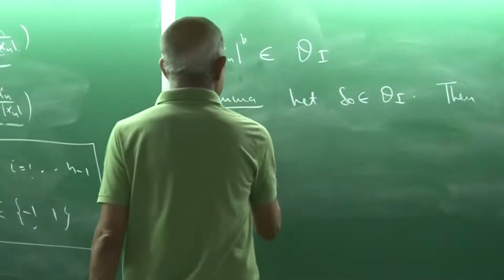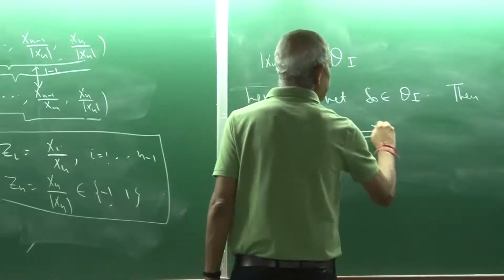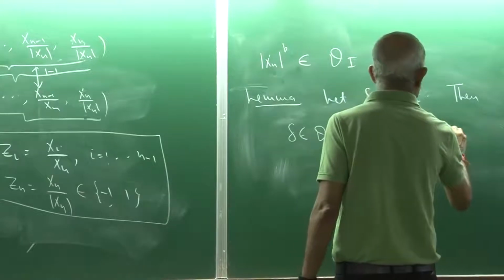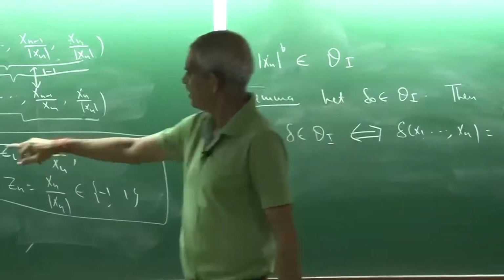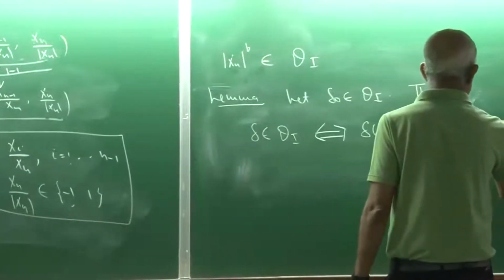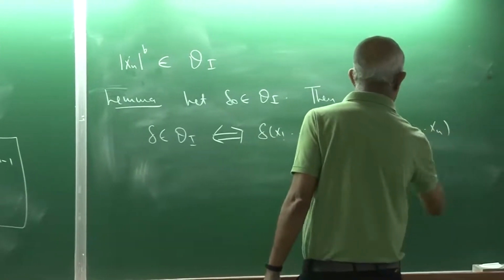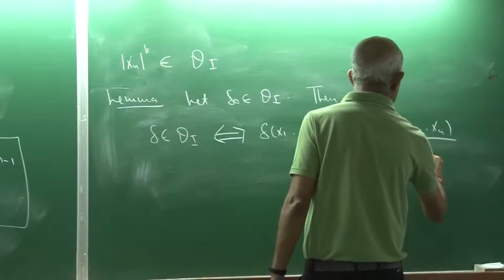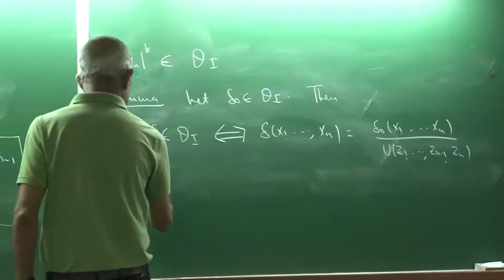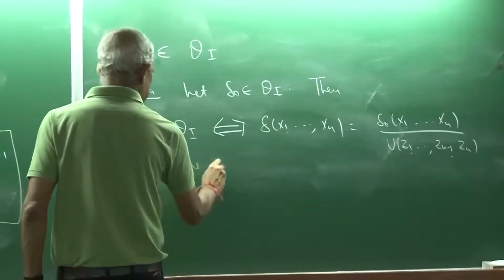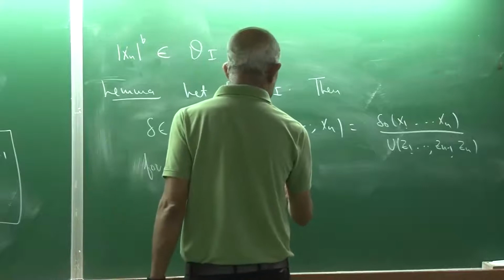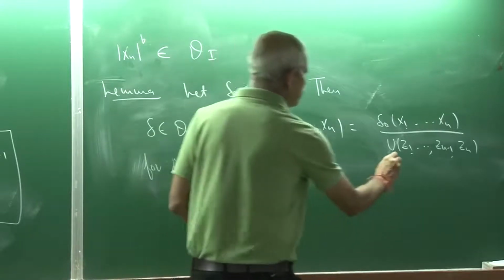Then any other equivariant estimator can be written as delta of x1, x2, xn, where the only change is that mod of xn to power b is replaced by delta naught of x1, x2, xn upon u of z1, z2, zn minus 1, zn for some function u from 0 to infinity.